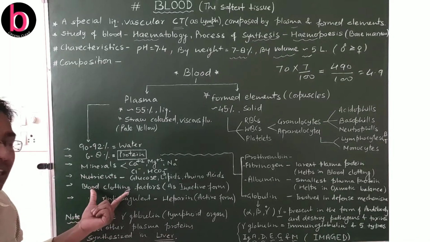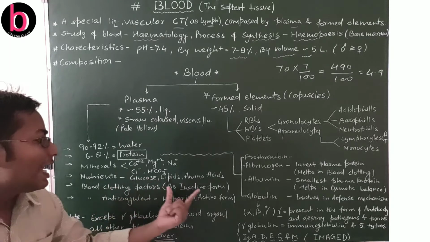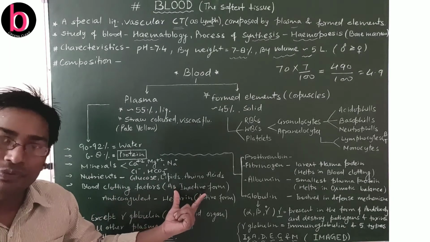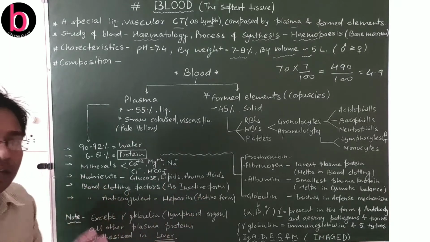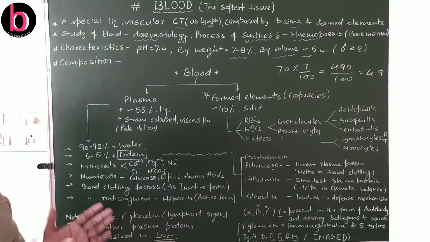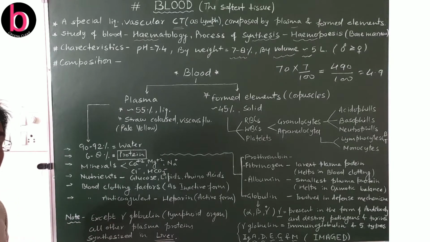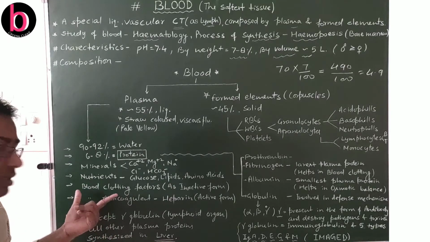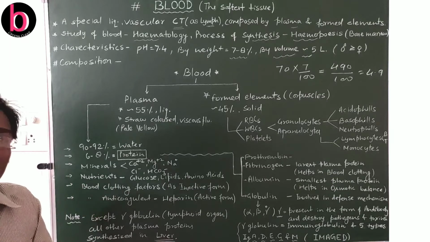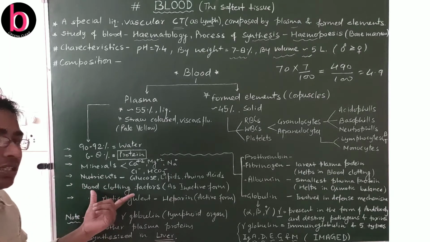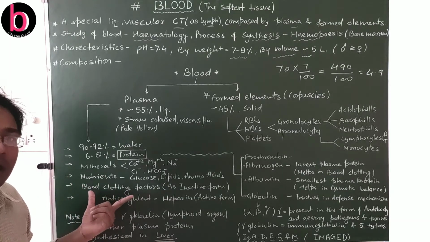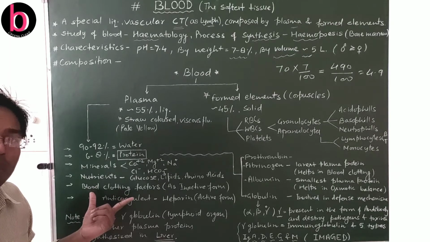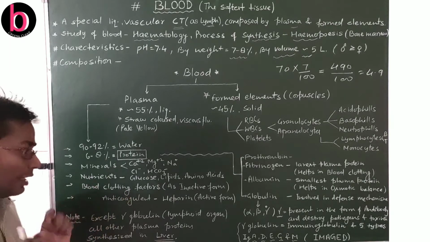Usually they are present in blood in an inactive form. They will be activated only when there is any injury or when blood comes in contact with atmospheric air. There are nearly 13 factors that help in blood clotting. We will discuss this in the next lecture on blood coagulation and blood clotting.